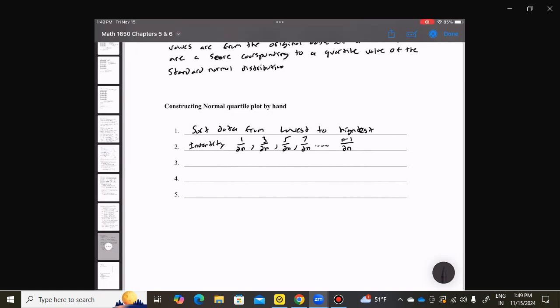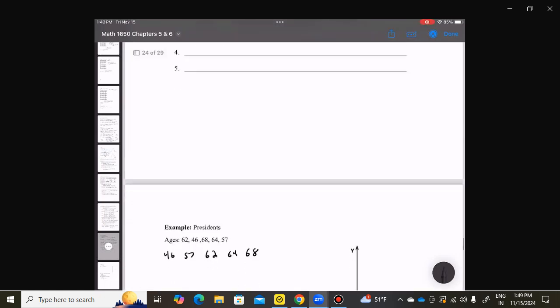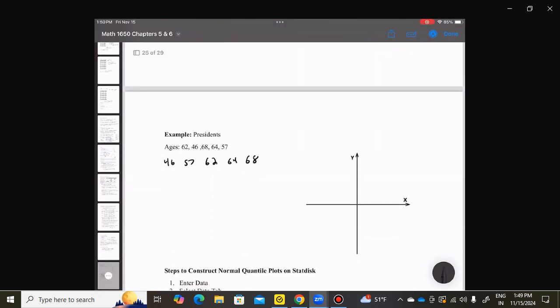So the numerator here is going up by 2, starting from 1, so it's every odd number. And then the denominator is just 2 times n, where n is your sample size. So n for us is 5. So we're looking at 1 over 2 times 5, which is 10. So 1 over 10, 3 over 10, 5 over 10, 7 over 10, and 9 over 10.